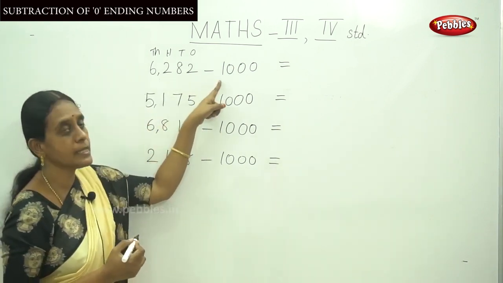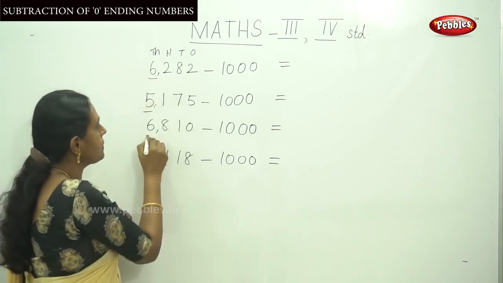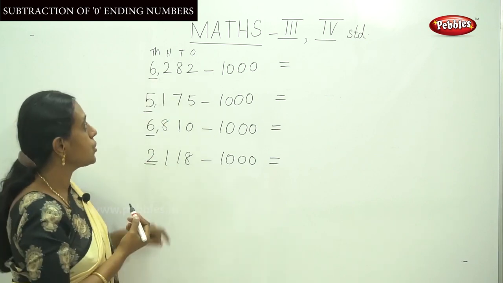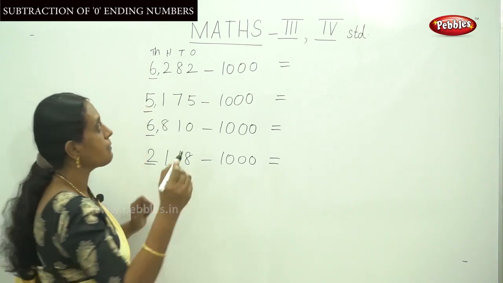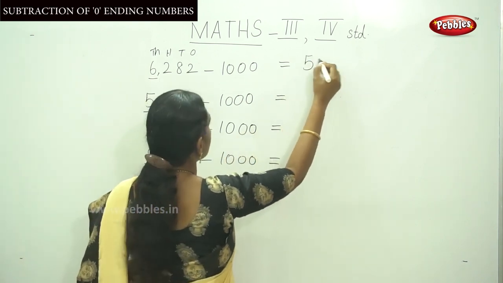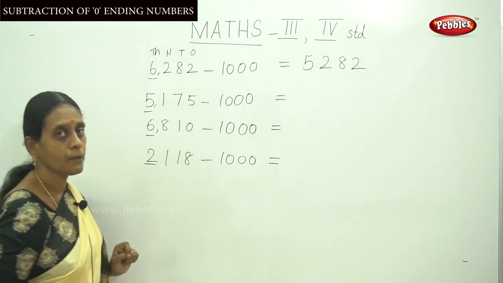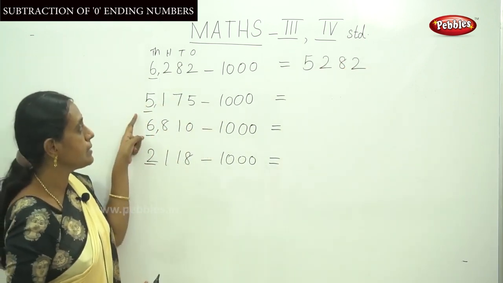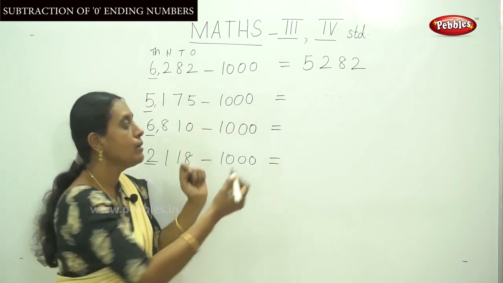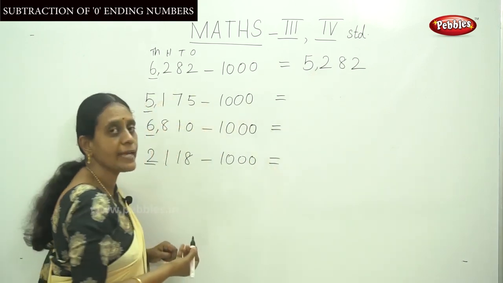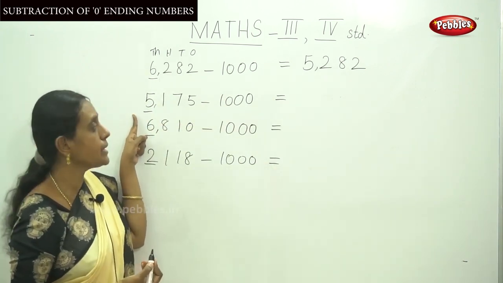Focus on the thousands place number, underline it, and write down the before number of 6, that is 5. So write down 5282. That is, 6282 minus 1000, the answer will be 5282.